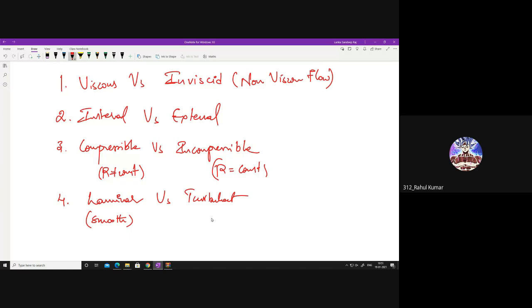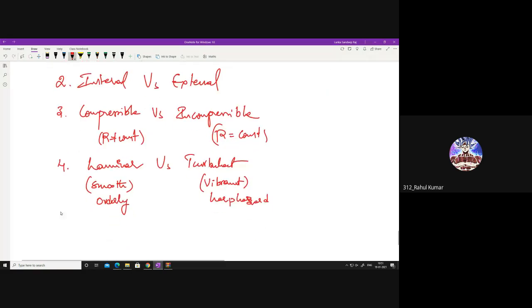When it comes to turbulent, the flow is very vibrant or rough, you can say, and the flow will be in a haphazard manner. Coming to the next one, we have natural flow versus forced flow, like natural convection or forced convection.